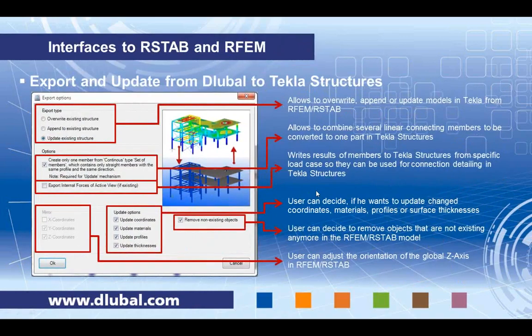When we export to Tekla from either a new model or from an existing model that we imported earlier from Tekla, we have additional options. For example, we can override the existing structure. That means we erase everything which is in the current Tekla model, and we create our new model that we have from Dlubal software.